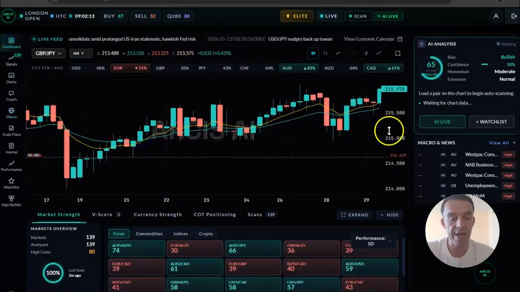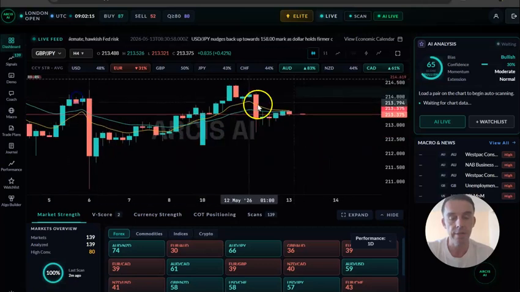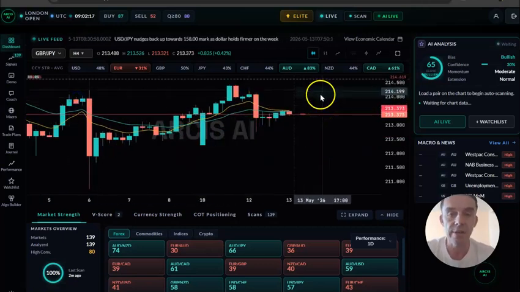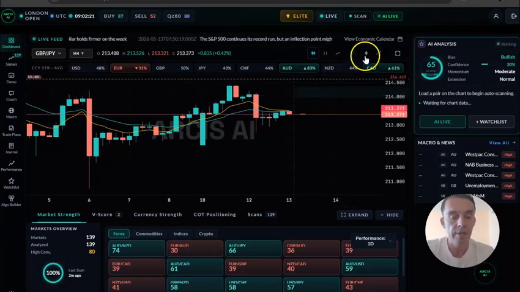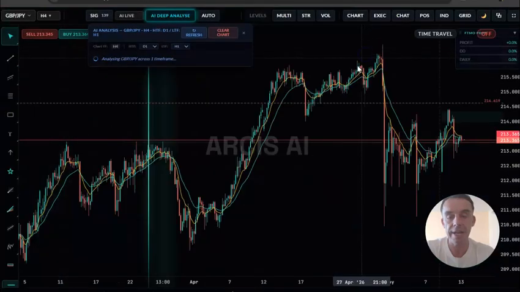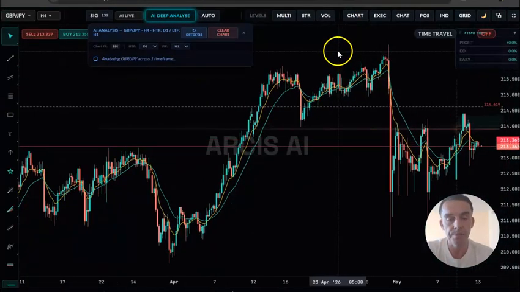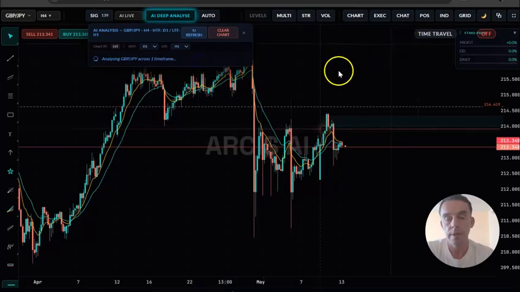So over here we have AI Live, and three types of AI scanners, all scanning different things and different strategies and different systems. The Deep AI Analyzer is here. So if we hit that AI Deep Analyze on British Pound JPY, it's analyzing the 4 hour, daily, and the 1 hour time frames.